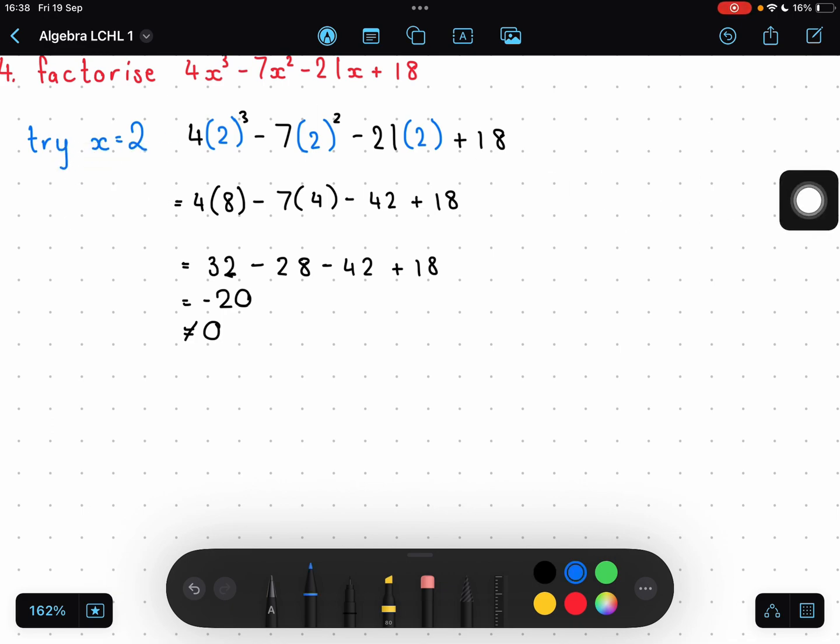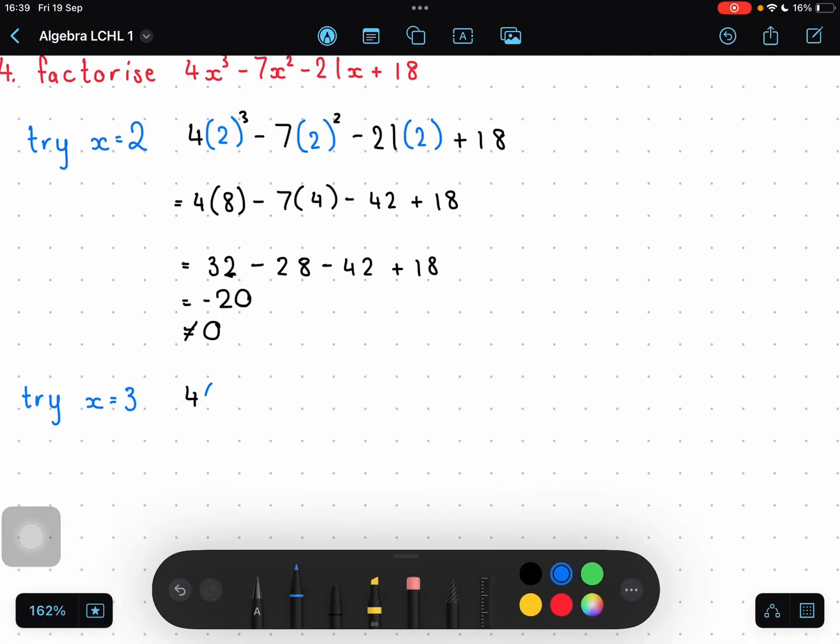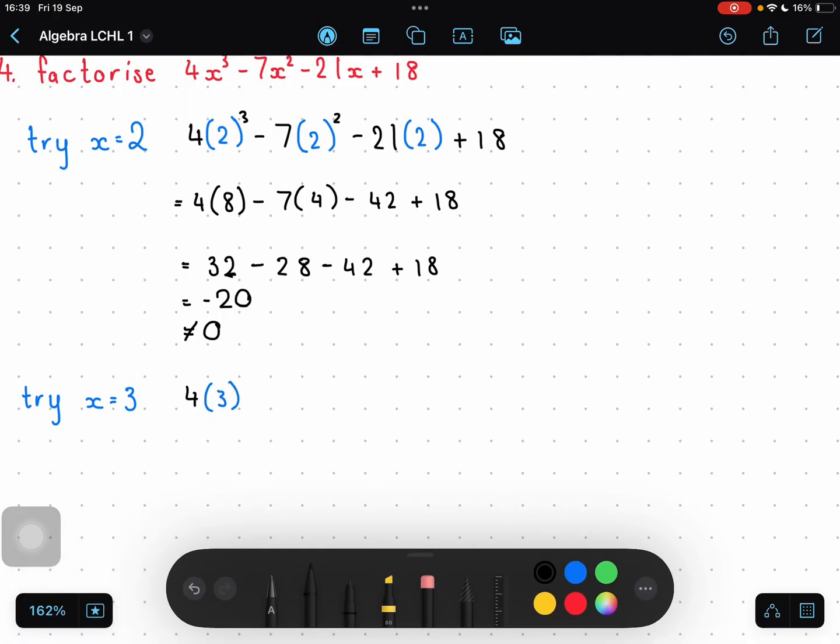Okay, usually guys, when they don't give you that first factor, it is a small enough root that you can use. Okay, so I'd be quite surprised if x wasn't equal to either 1, 2 or 3. So I am kind of expecting this to work out now for me. But let's just see. So I'll get 4 by 3 cubed minus 7 by 3 squared minus 21 by 3 plus 18.